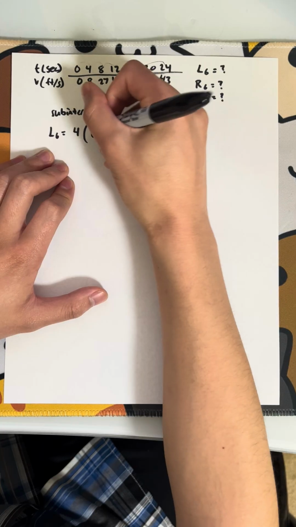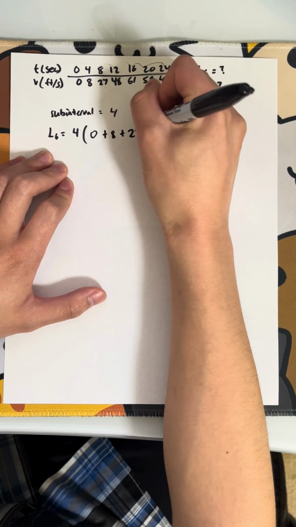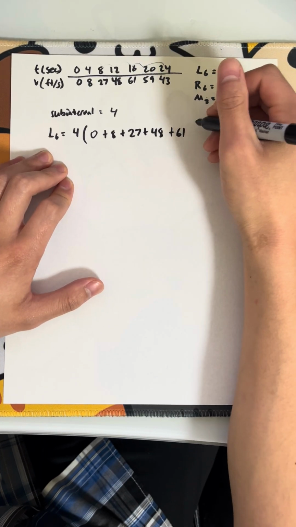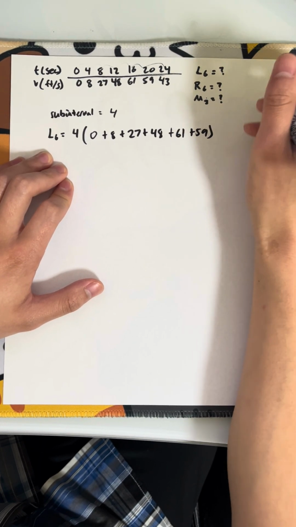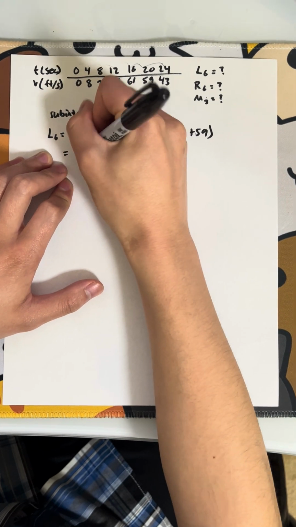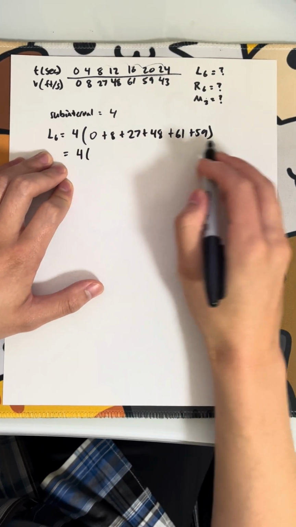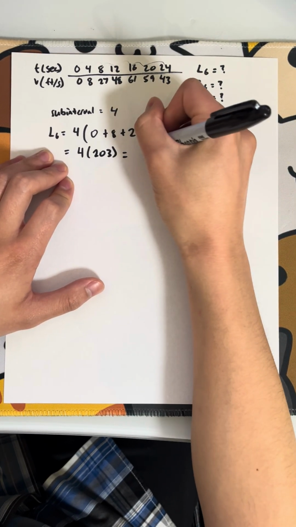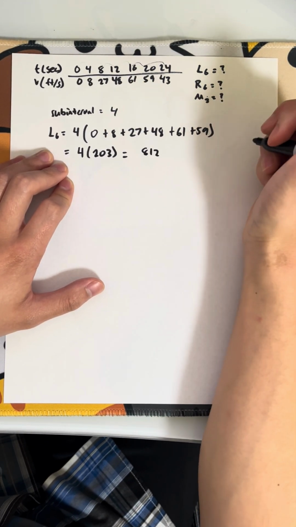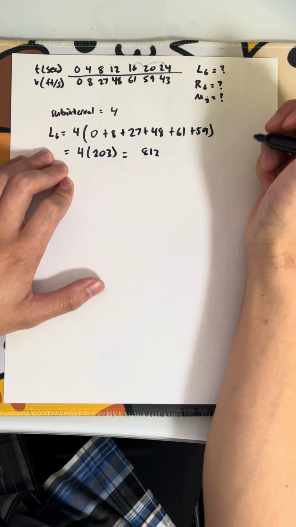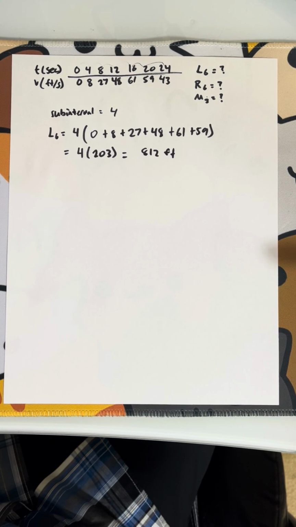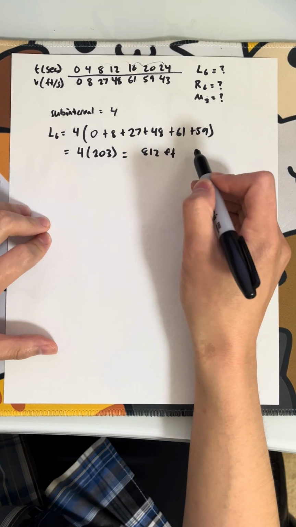So it'll be 0 plus 8 plus 27 plus 48 plus 61 plus 59. This gives us 4 times 203, which equals 812. The units are in feet, because we're finding the distance traveled, which is 812 feet.